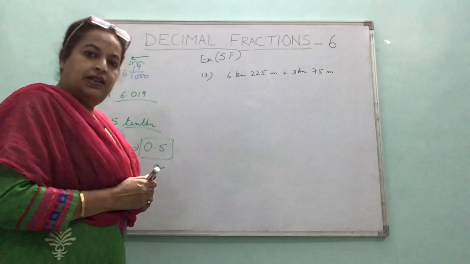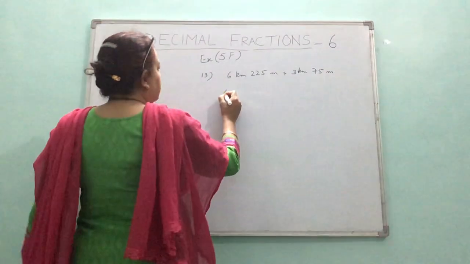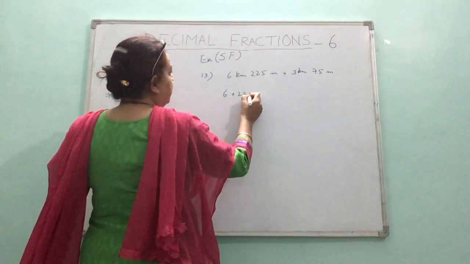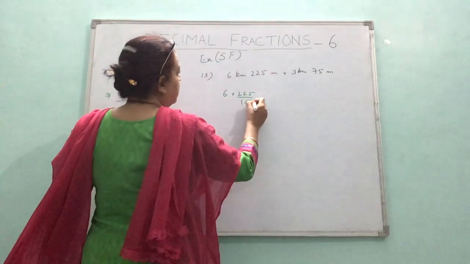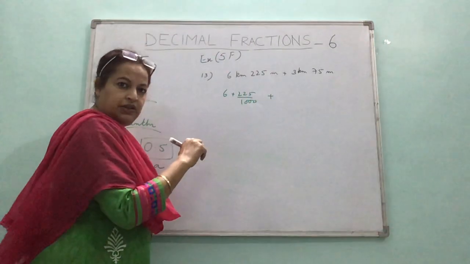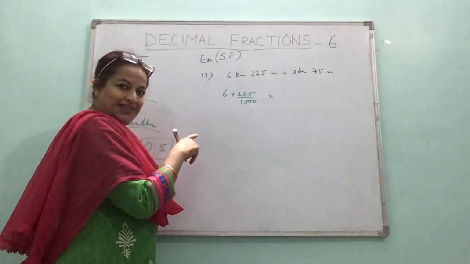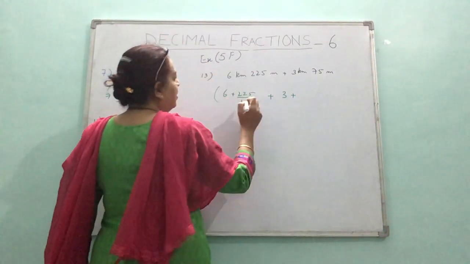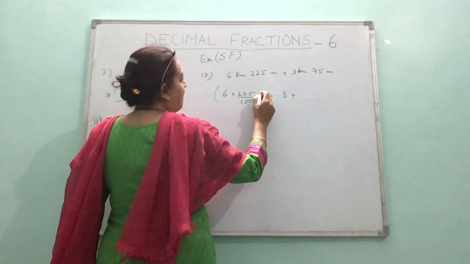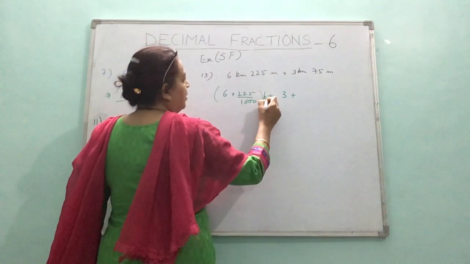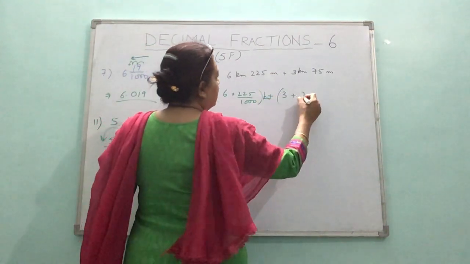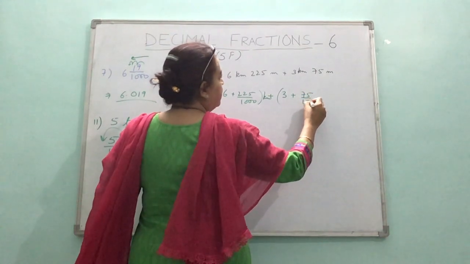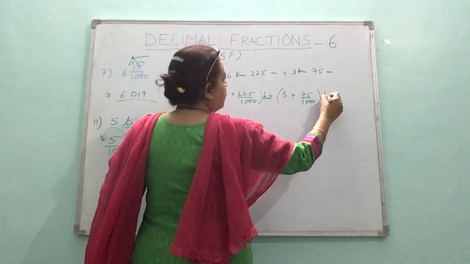Now let's do it. So 6 plus 225/1000, because I've told you meter is to be converted to kilometer. So 3 plus 75, I'll combine later on, kilometer.